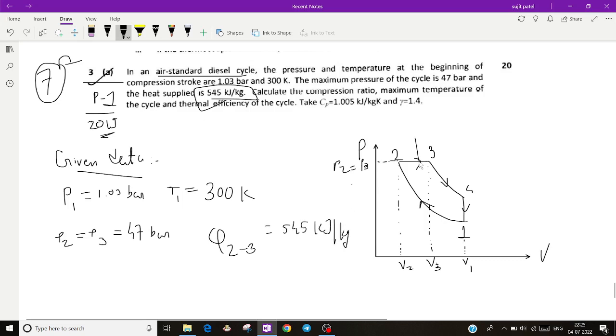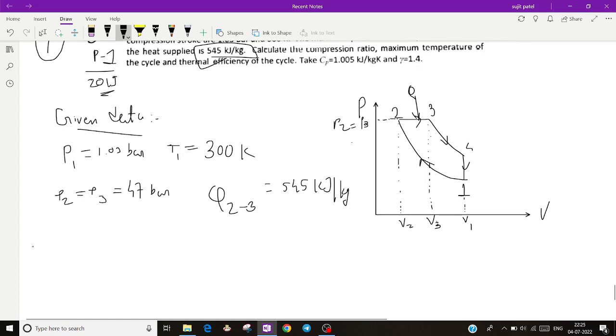Heat transfer takes place in constant pressure heat addition from 2 to 3. Calculate the compression ratio. First we have to find the compression ratio, which I am denoting with rc. Second, we have to find the maximum temperature of the cycle, that is T3, since at point 3 the temperature is maximum.